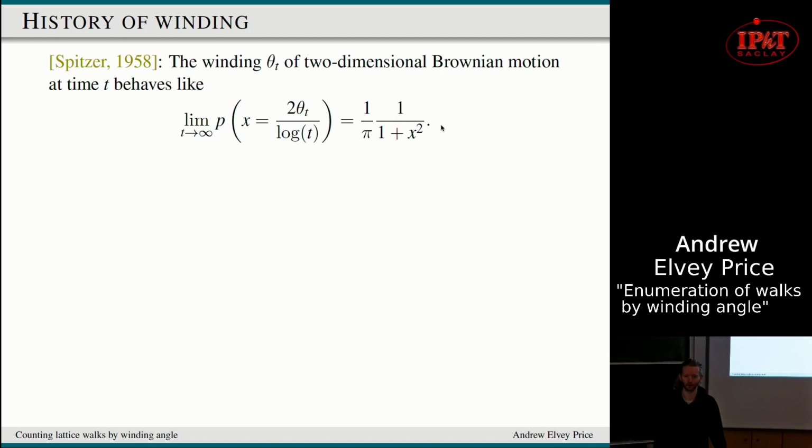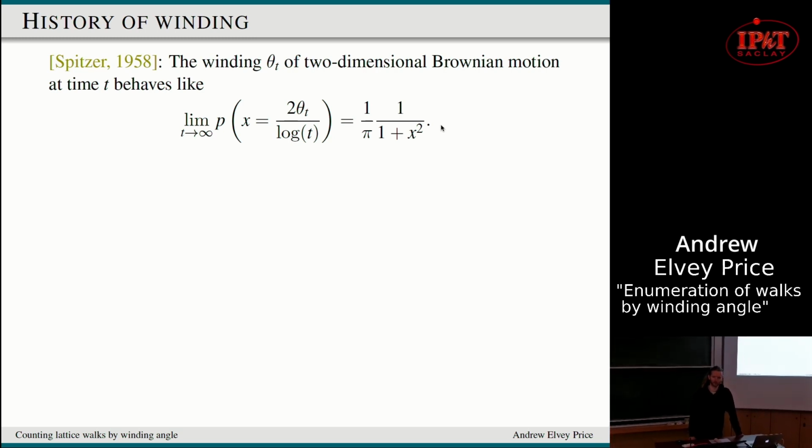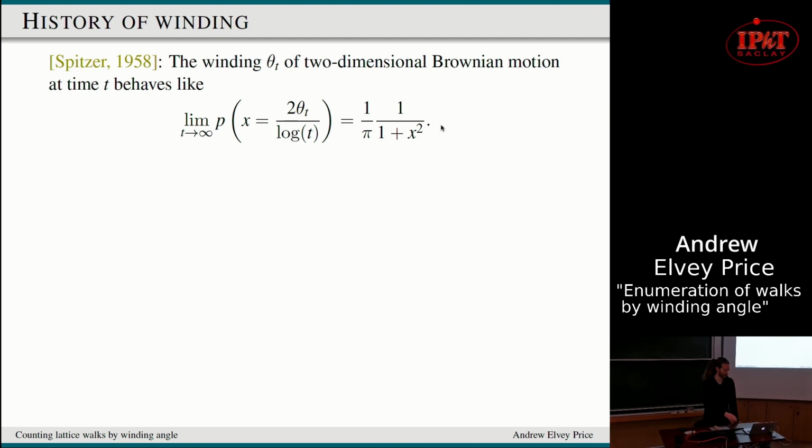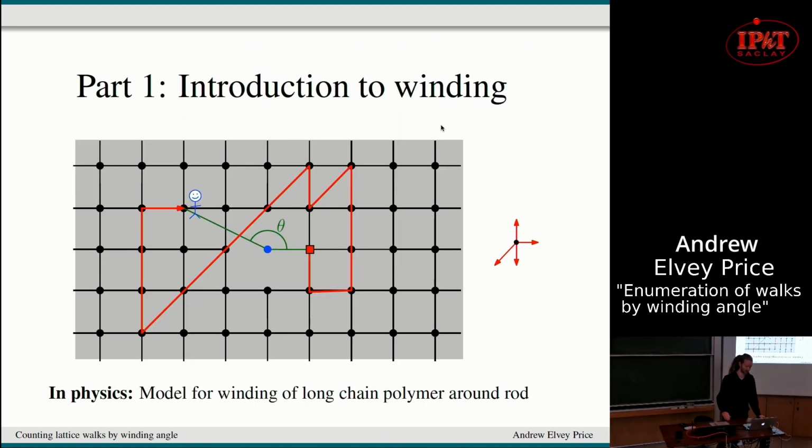But now, is your walk self-intersecting or not? It can self-intersect. So it's not a self-avoiding walk. That may make a difference, but it makes less difference in higher dimension.